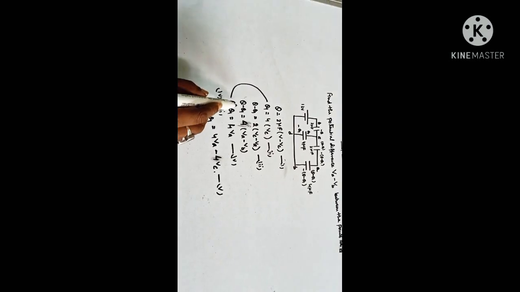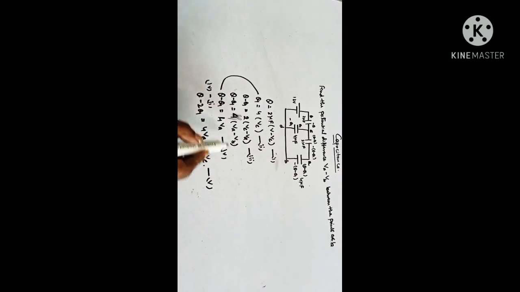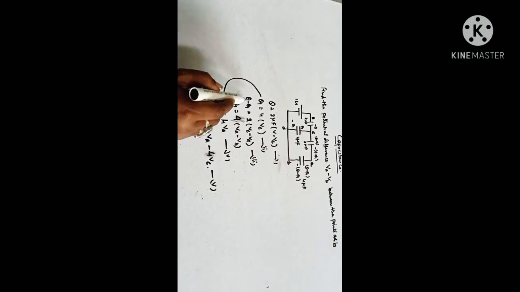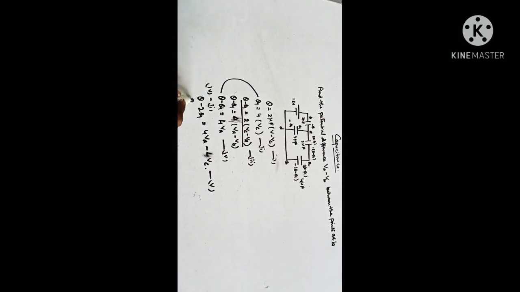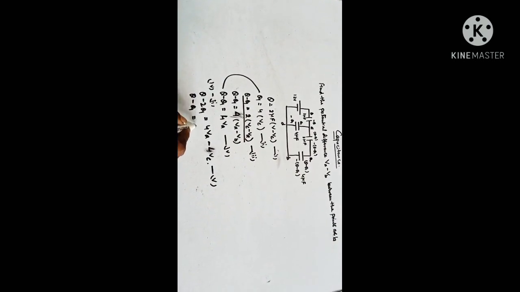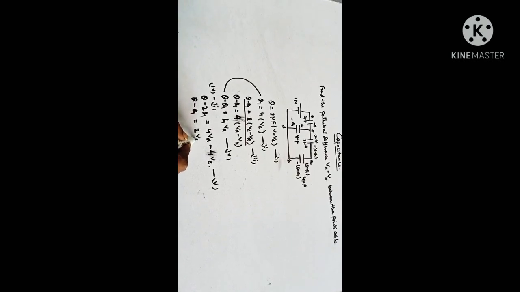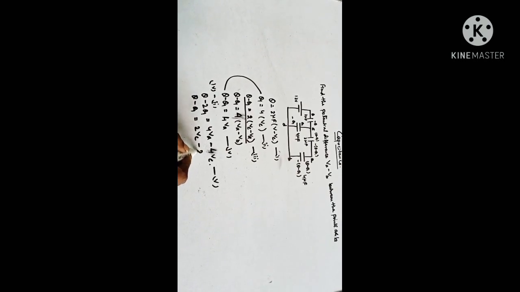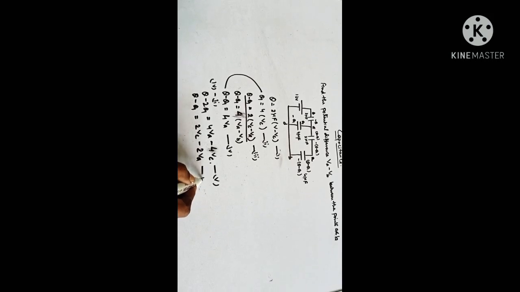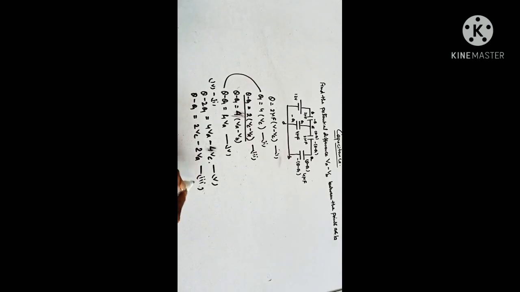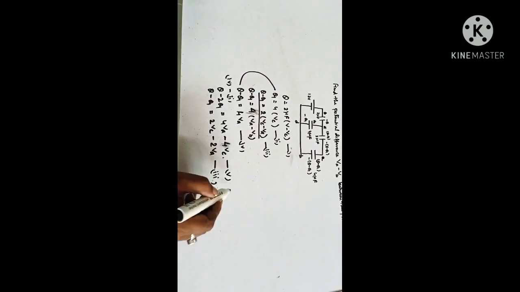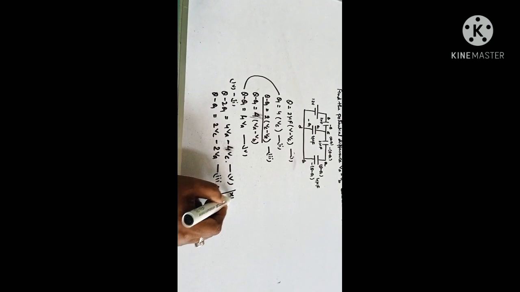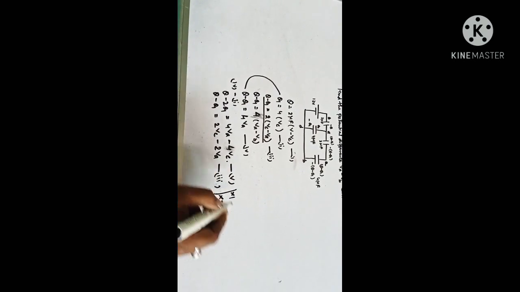Now I am going to take this equation, this one, third, from equation 3. Here again q minus q1 is equal to 2vc minus 2va. This is equation 3. Now I am going to eliminate something from this. If I multiply this by 1 and this by 2, what do I get?